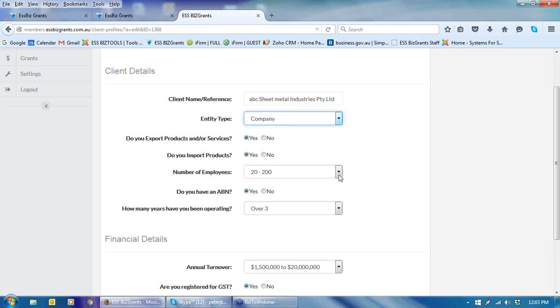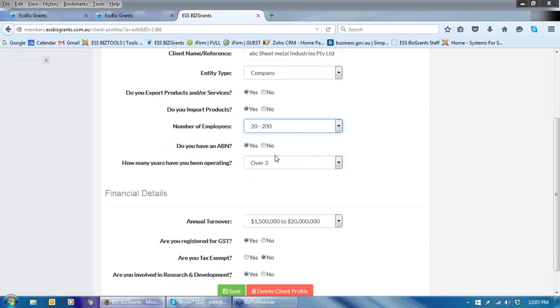I told you before it had 25 employees, and what I'm showing you on the screen at present is the employee bands that we've utilized based on our analysis of the grants which are included within ESS BIZGRANTS. So we've identified with 25 employees, it's in the 20 to 200 band.